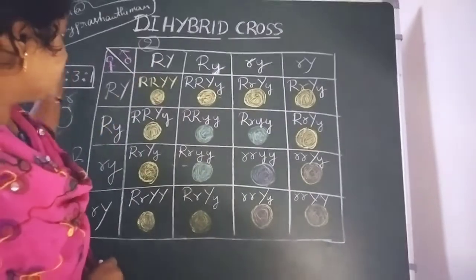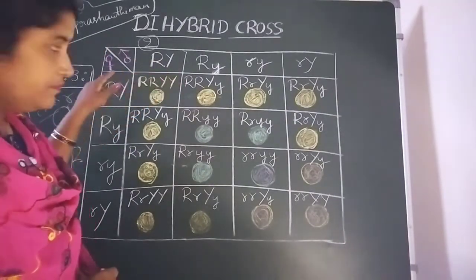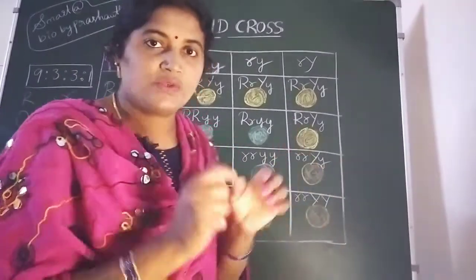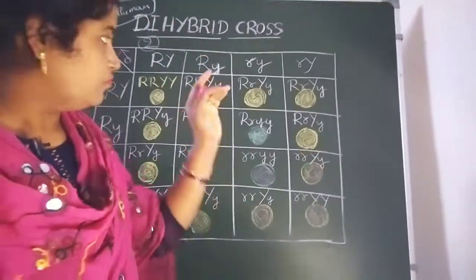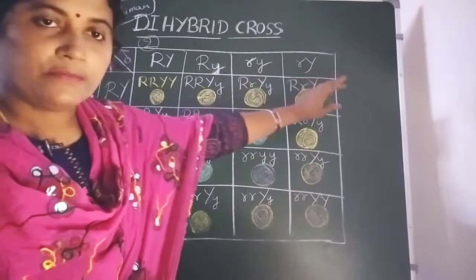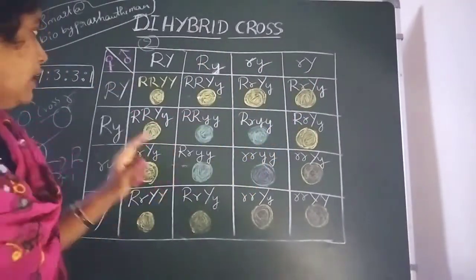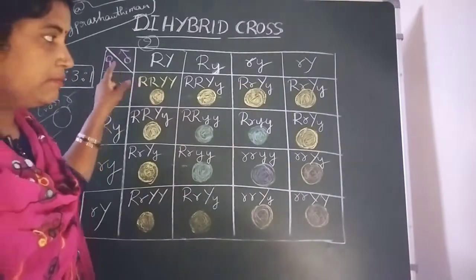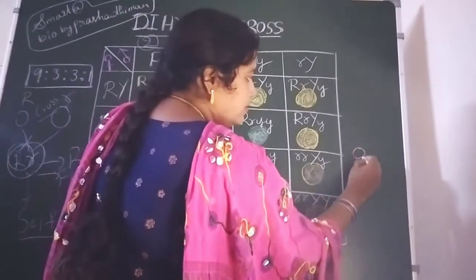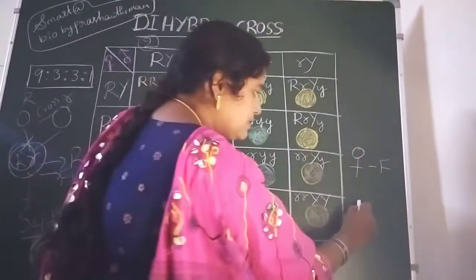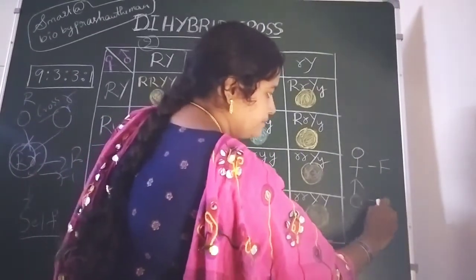First one, capital RY, same characters. Anytime we are writing a Punnett square, the same characters we write horizontally and vertically. The symbols indicate: this symbol indicates female and this symbol indicates male.